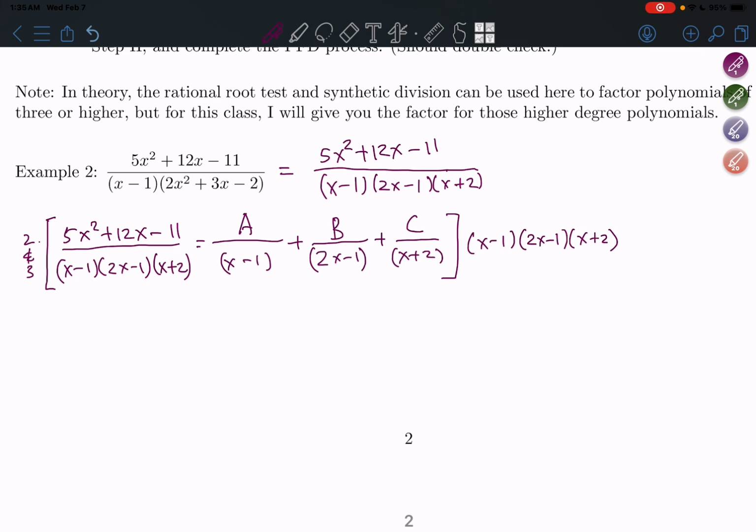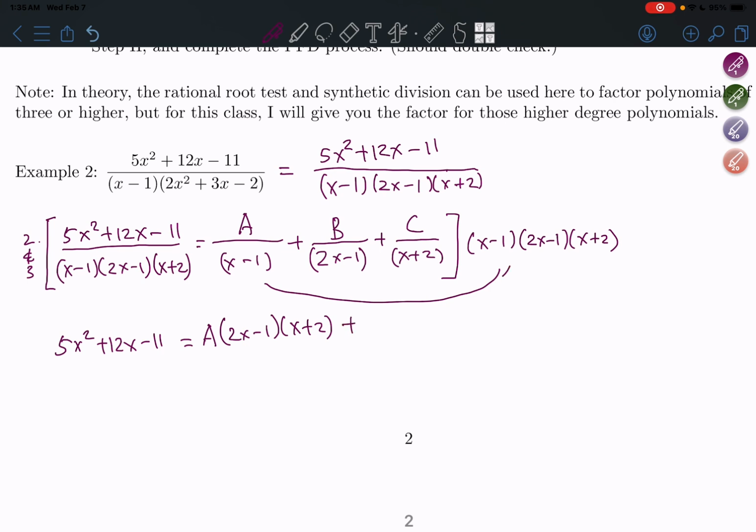On the left side of the equation, the denominators cancel out, and I just get 5x squared plus 12x minus 11. But on the other side, when I distribute, the x minus 1 cancels, but the rest remains. So A times 2x minus 1, x plus 2, because only the x minus 1 is canceled.